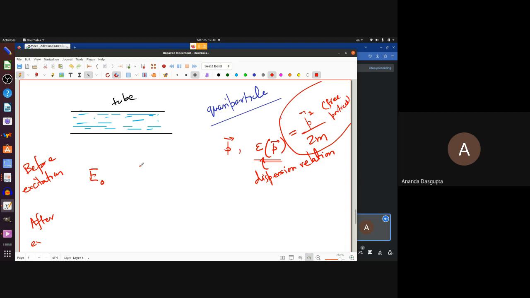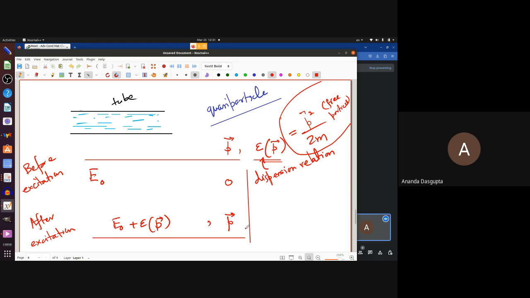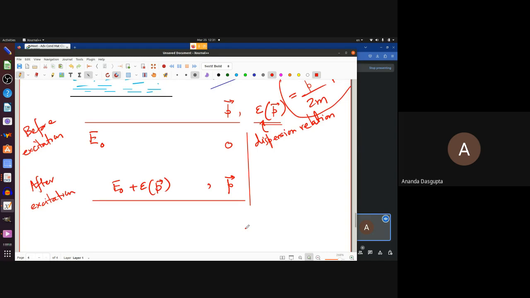Let's call that E0. After excitation, this E0 will increase to E0 plus epsilon, and the momentum will increase from 0 to p. Both of these statements are being made in the frame of the fluid. It is not because the frame has changed that the energy has changed. Here the energy has changed just because you have created an excitation. The tube has produced a time-dependent perturbation which has created an excitation.